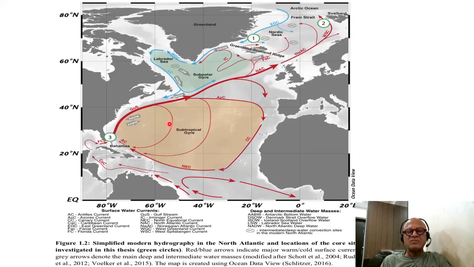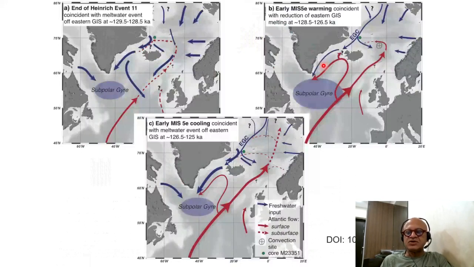So on long time scales, because of various reasons, let's say during the glaciation, when the circulations change, essentially you change the Atlantic meridional overturning and you create climate changes on the western side and the eastern side, of course. So this is an example of the end of Heinrich event 11.